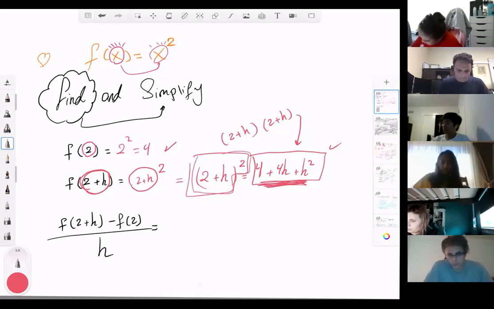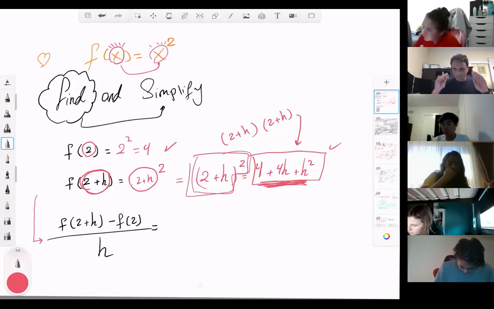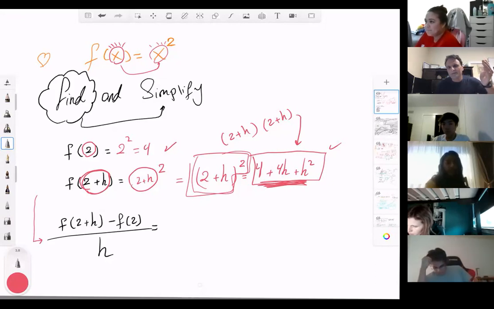Now look at the last one: f of 2 plus h minus f of 2, over h. You will see this question, this format, a lot in this course. Because in calculus, you're going to use this formula. That's actually a formula to find the derivative of a function.